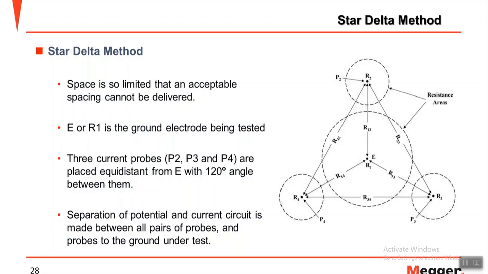Next, the star delta method. On the star delta method, if you have a space problem to measure the ground resistance on your system, I think this method can be used.